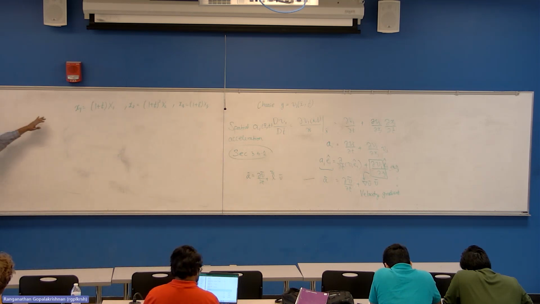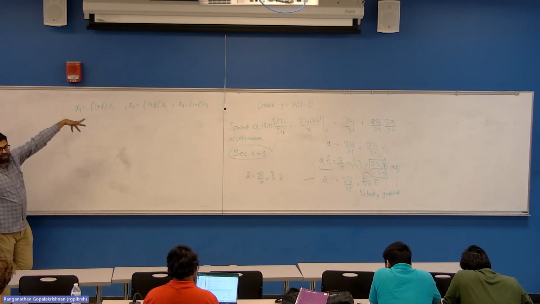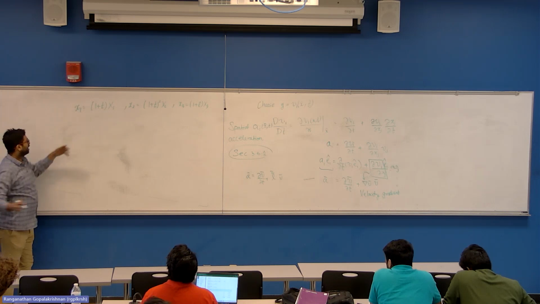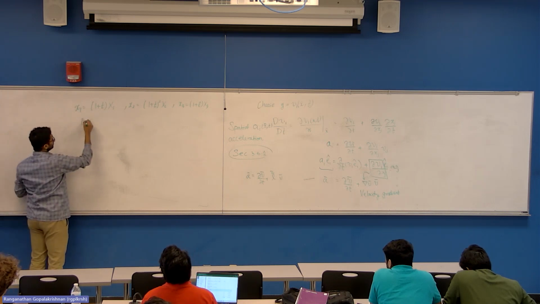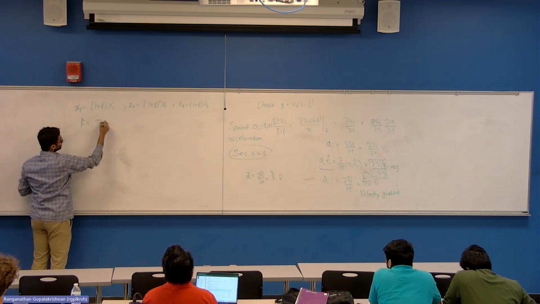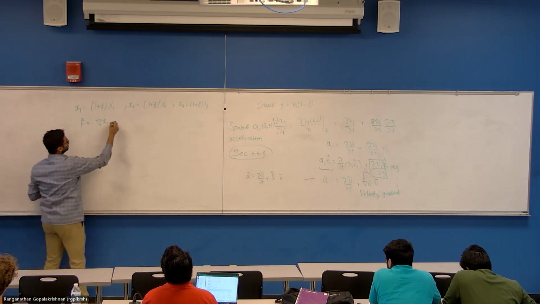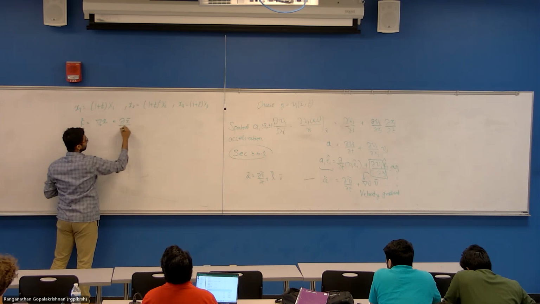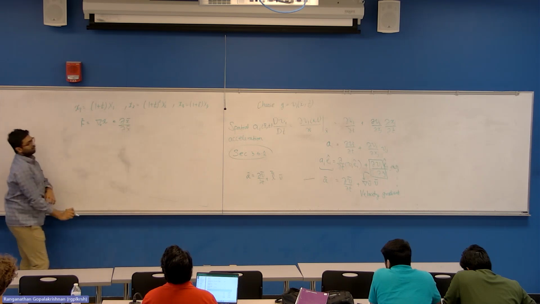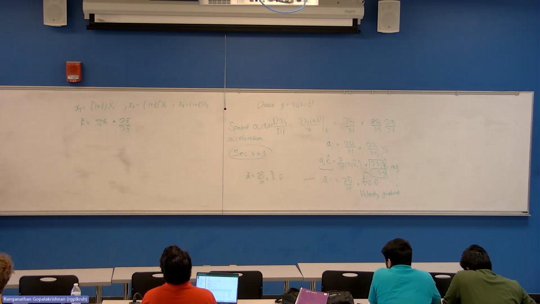If a relation between spatial and material coordinates is given, you are now used to the idea of computing the deformation gradient. That is easy, right? F is equal to the gradient of x with respect to X in the material. You're used to doing that, right?